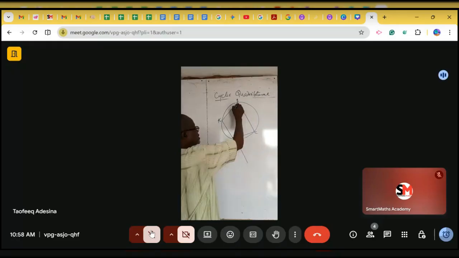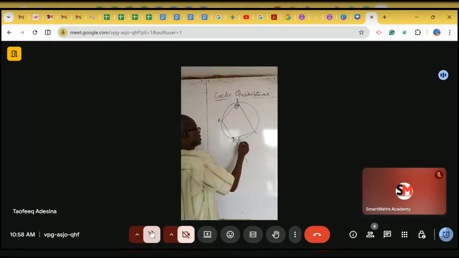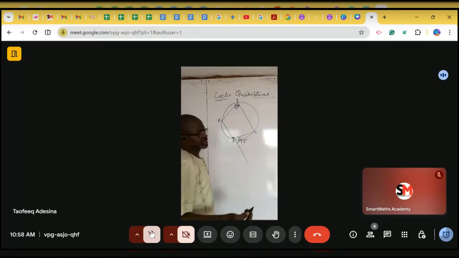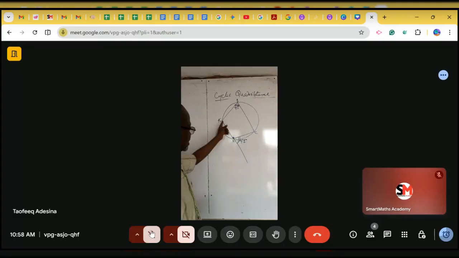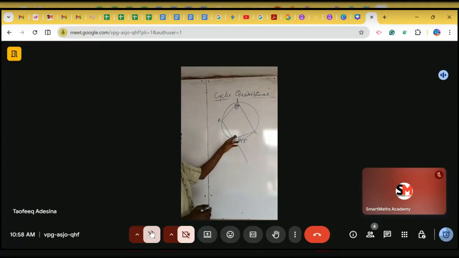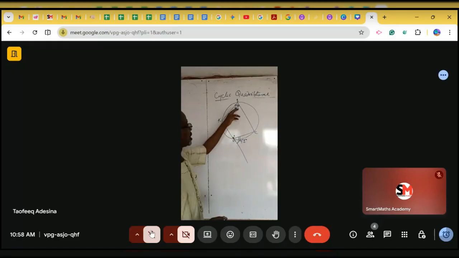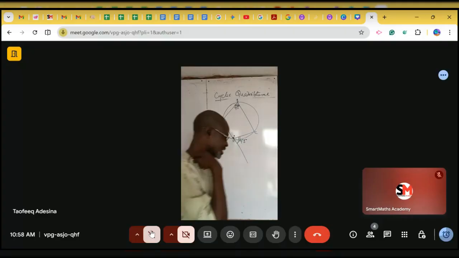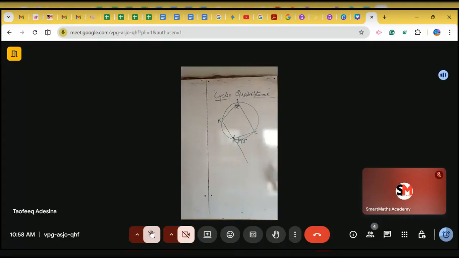So I think this one is 93 degrees, and this also must be 93 degrees. And don't forget that this line is a straight line, so by angles on a straight line, you get the exterior one. After getting that, apply exactly the theorem, adding these together to give 180 degrees. That's just the theorem that they have been using, so that it will not be a big issue when they are talking about the cyclic quadrilateral.